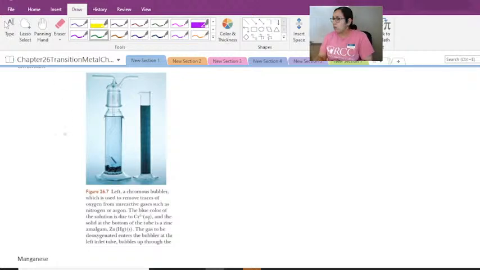So if you were trying to do air-sensitive chemistry, and usually your tank is good enough, I'll say that. Usually you buy these tanks, and if you run them off a liquid nitrogen tank, usually you don't have issues. But sometimes if you're doing something sensitive, you need to pass it through an additional bubbler. And so you can just use a chromous bubbler, and then it will react with the oxygen.